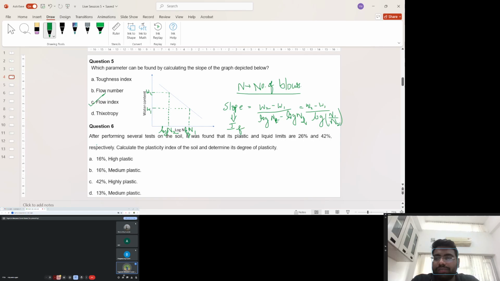Now question 6. After performing several tests on the soil, it was found that its plastic and liquid limits are 26% and 42% respectively.